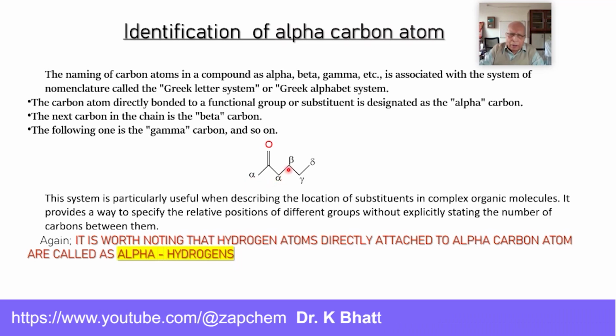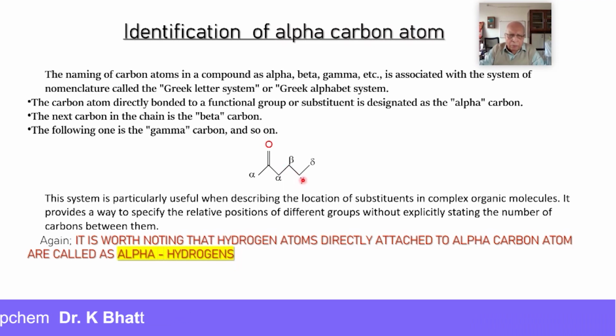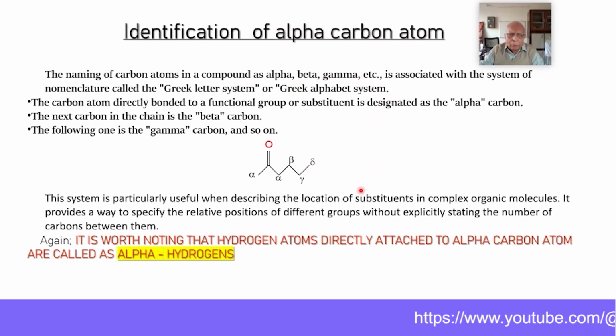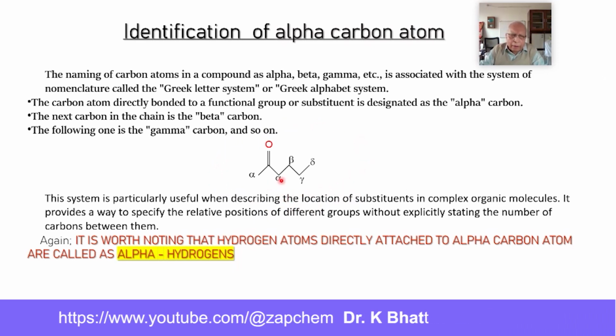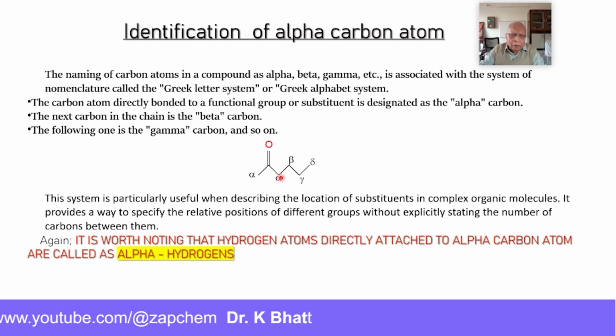Subsequently, the next carbon is beta, then gamma, and beyond that delta. So this is the Greek alphabet system, which makes it convenient to distinguish or identify the carbon in a chain of carbon atoms with respect to the functional group.